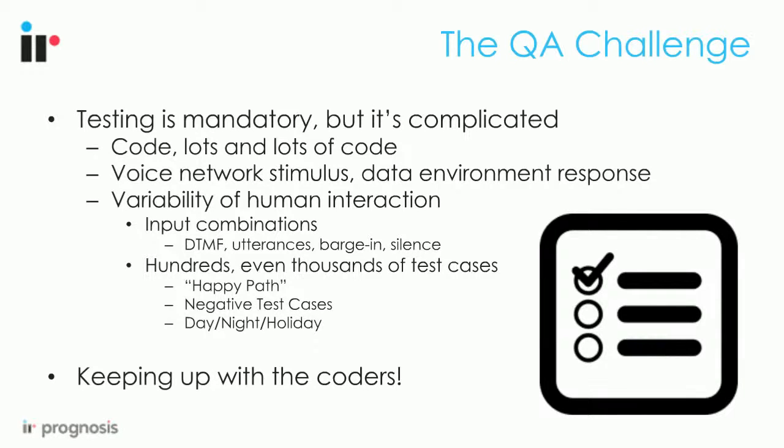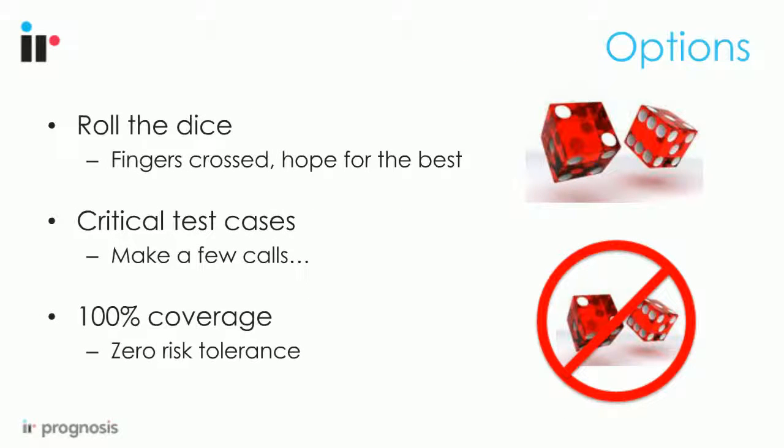Well, if you think about it, in the QA world, what are your real choices? Well, three things come to mind. There's probably more, but if you boil it down, you can roll the dice and just go live and assert that you've managed risk out of the process and everything's going to work exactly the way you would expect it to.